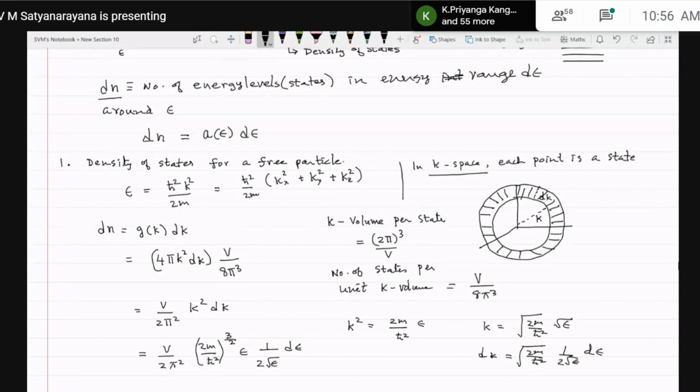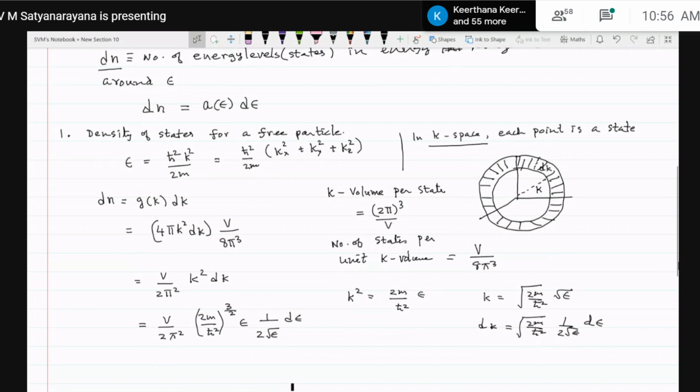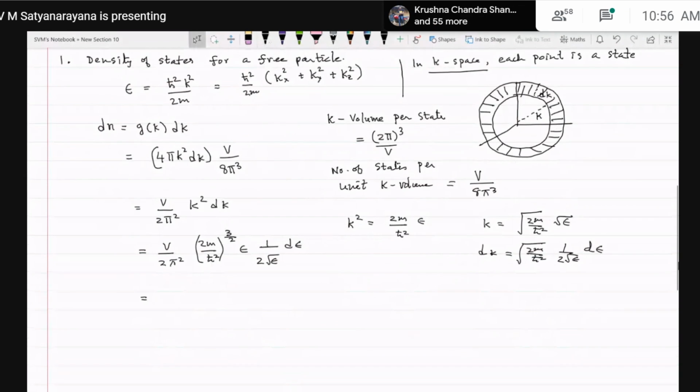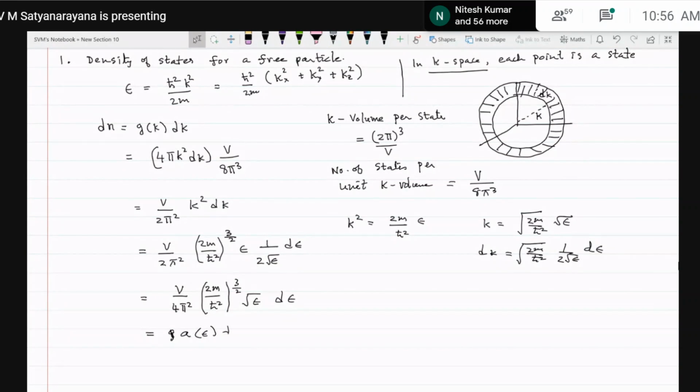Okay, so this will give you V divided by 4 pi square into twice m by h bar square to the power 3 by 2 into root epsilon d epsilon. You could have also written this as whatever I called A of epsilon into d epsilon.